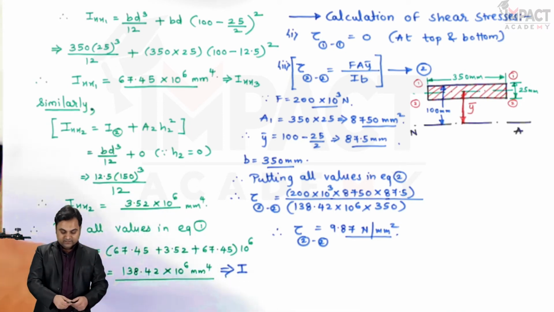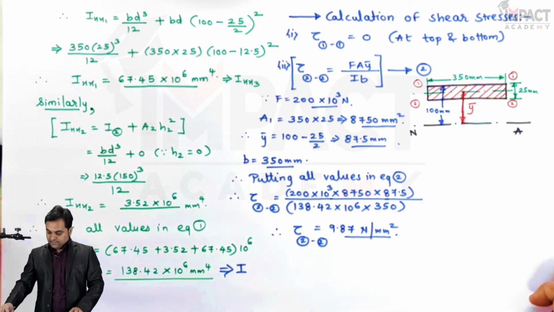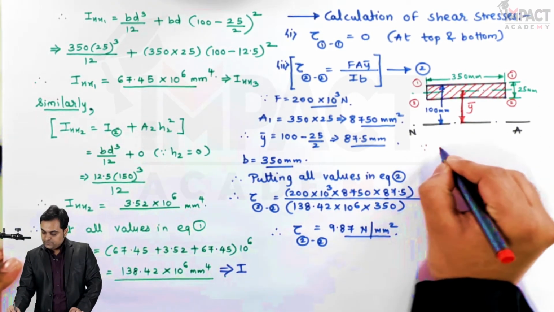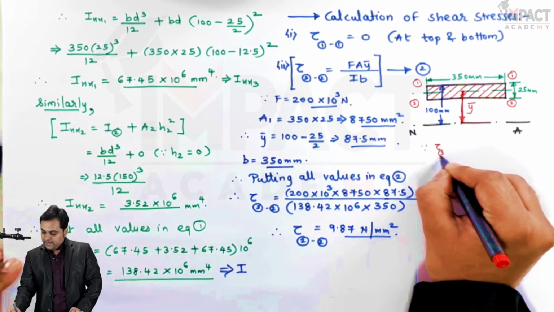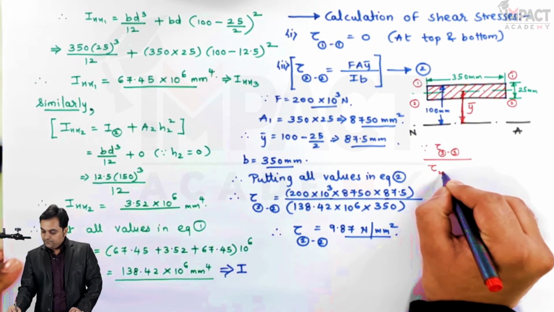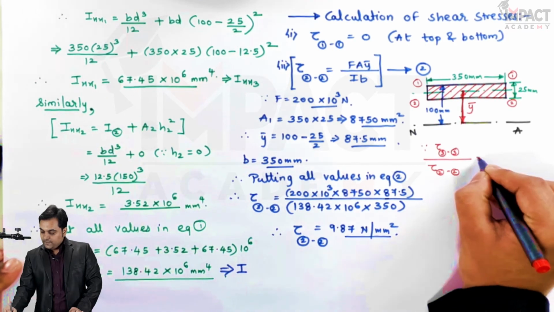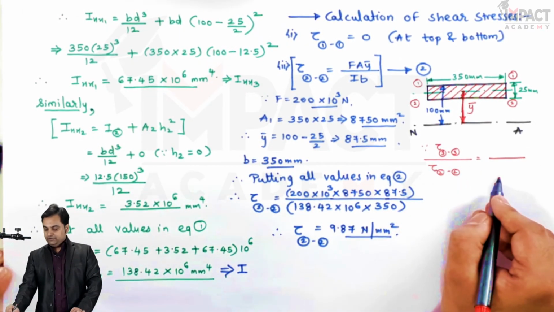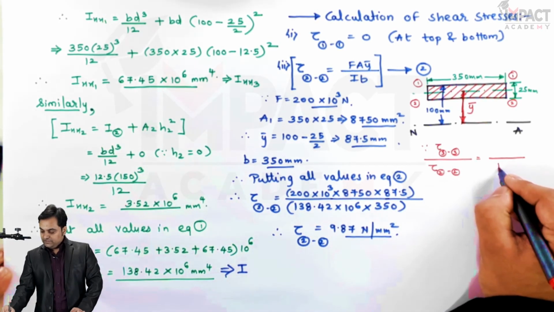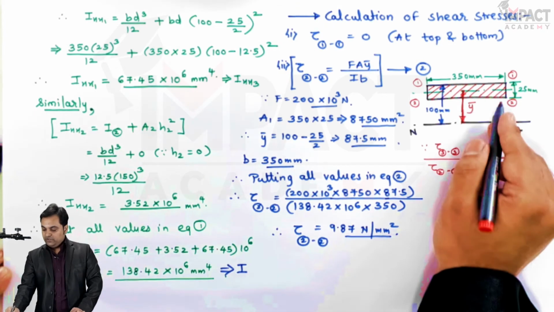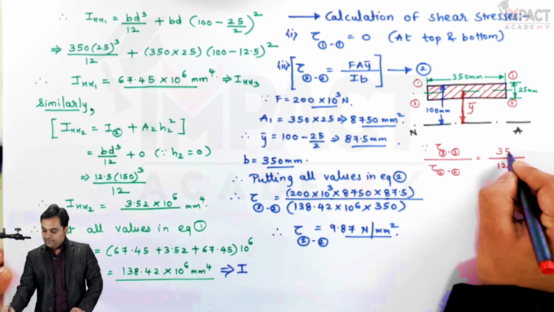So for the layer 3, I'll say that I am using the relation that tau at layer 3 upon tau at layer 2 is equal to, when we take layer 3, its width should be taken into the denominator, and the width is 12.5 mm. Similarly for layer 2, the width was 350 mm.